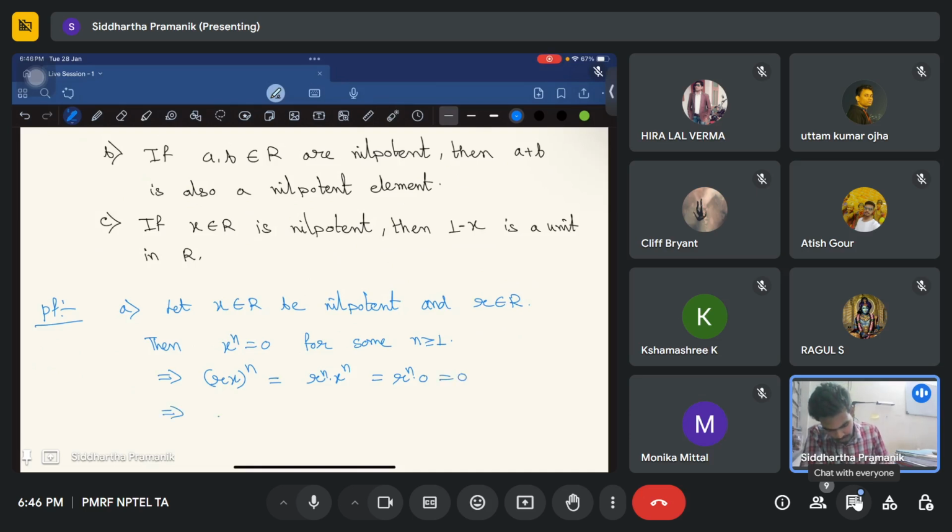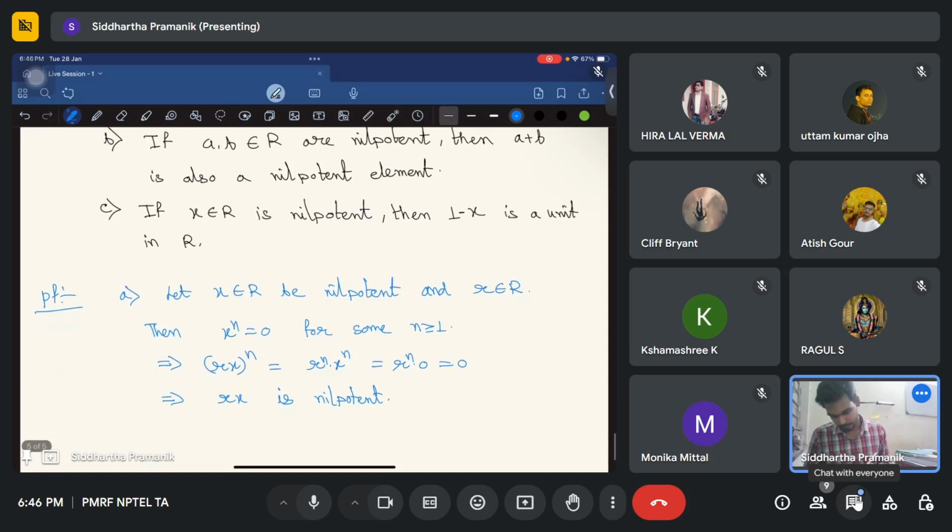So this implies rx is nilpotent. This is very trivial actually.